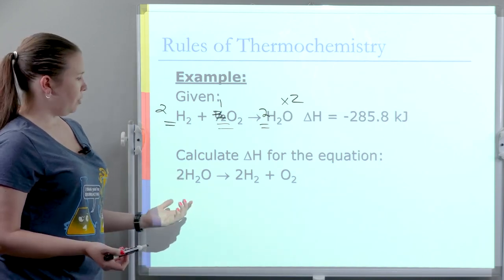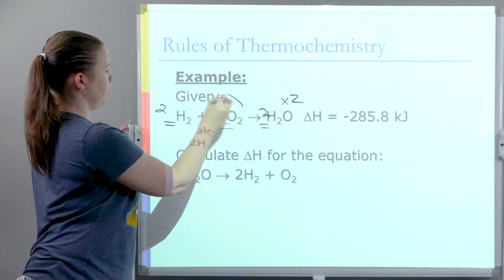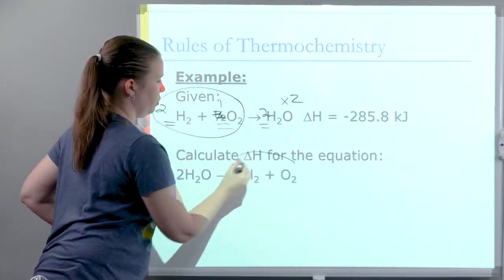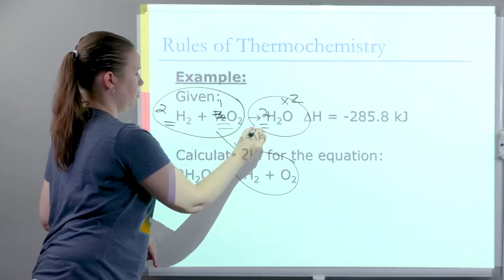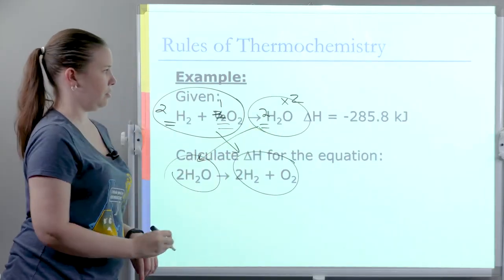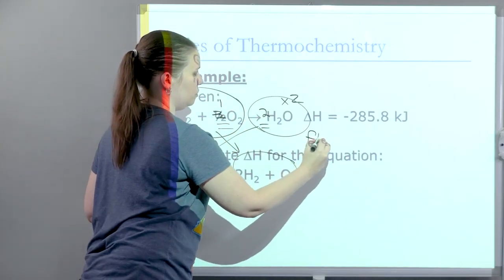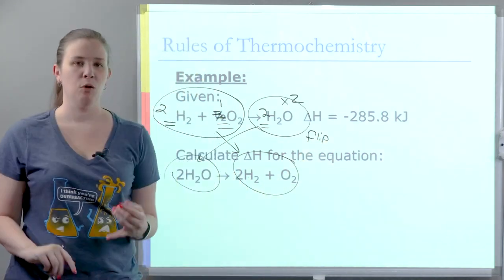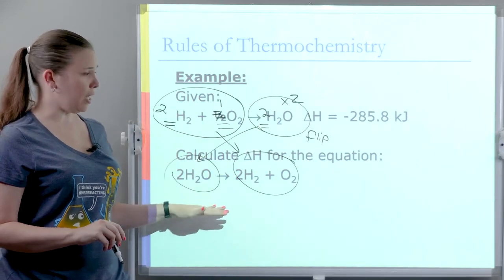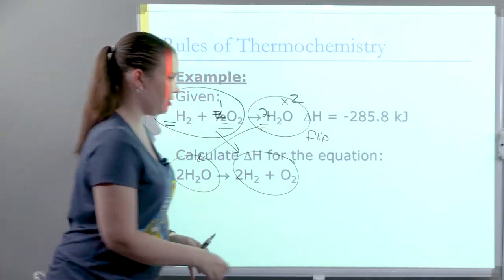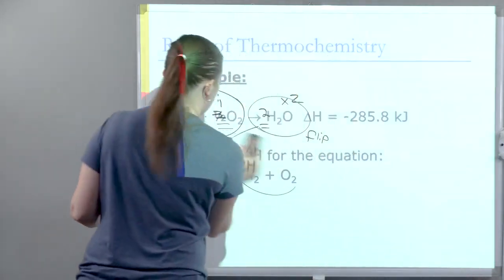The only thing that's different is that my reactants, the hydrogen and oxygen, became the products, and my product became the reactant. So this is also flipped. We flipped it and we multiplied it by 2 in this reaction that I'm searching for the enthalpy of.